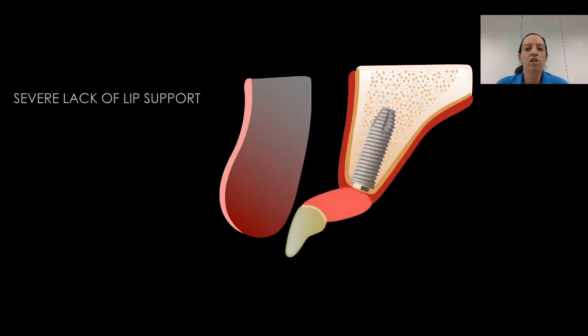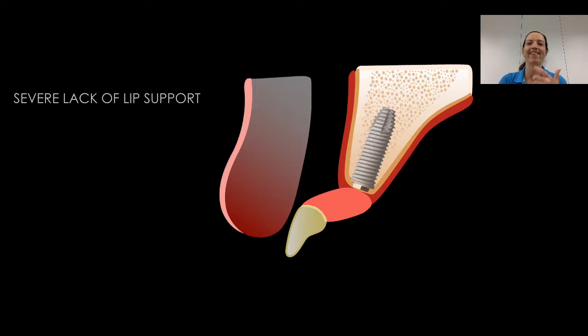But unfortunately, when we have severe lack of lip support, we want our teeth to be there in order to give a good lip support. But then this angulation is bigger than 45 degrees. So the patient comes to the clinic like this. And you think that the patient is very happy because he's always smiling, and you ask the patient, "Are you happy?"